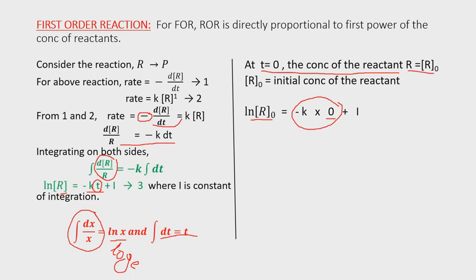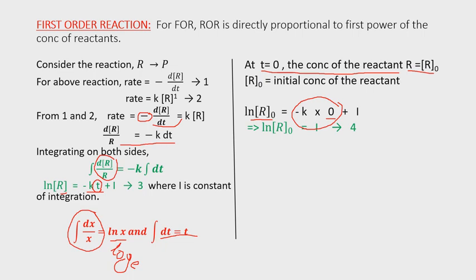Focus on the steps. Yes, look, ln R naught equal to I. This is equation 4. Now look at equation 3. Already I is present in equation 3, and we got I equal to ln R naught in equation 4.